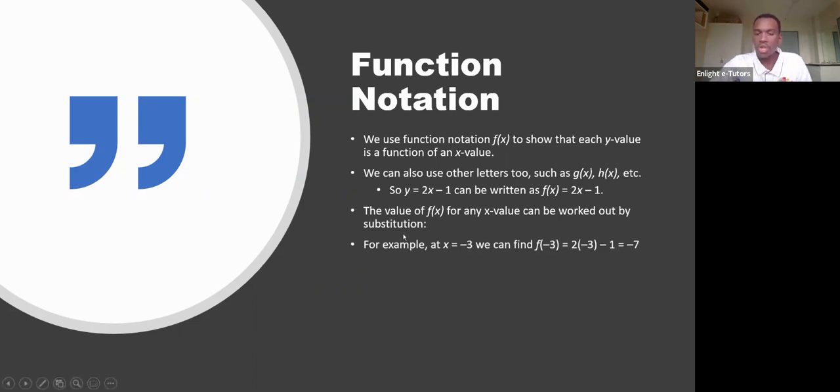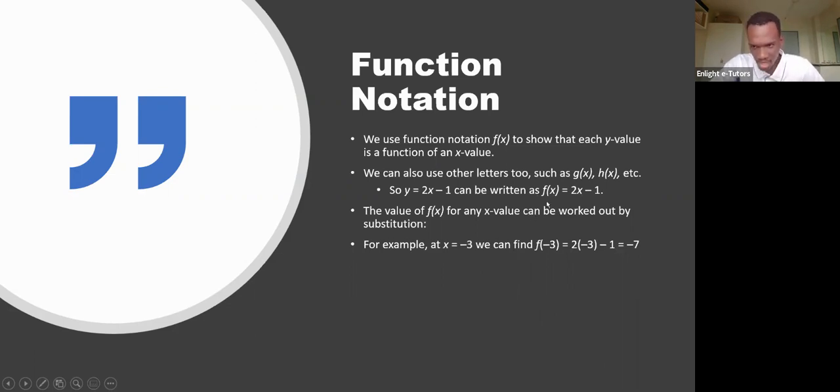Let's just say you're given a situation where they tell you x is equal to -3. We're still using this equation where f(x) is equal to 2x - 1. So we want to know in this equation, when x is -3, what will be the value of y?